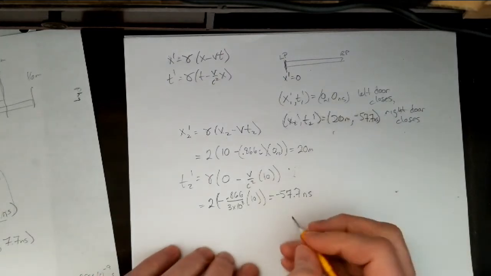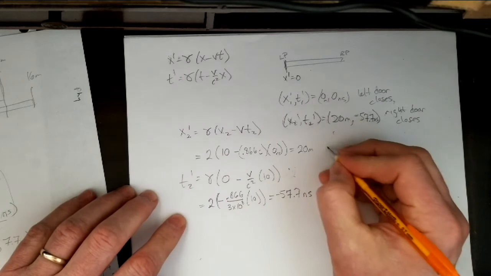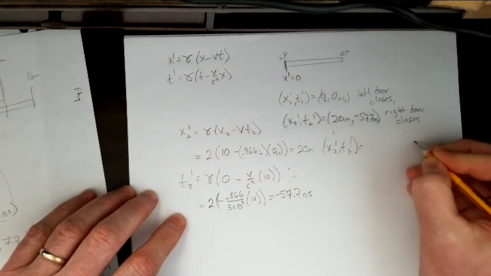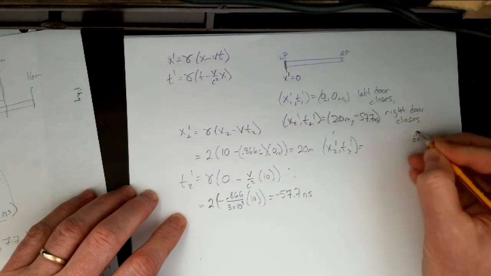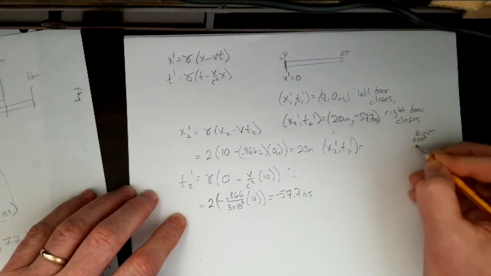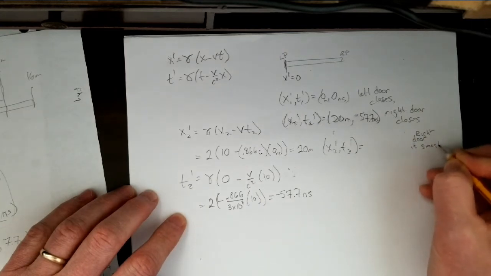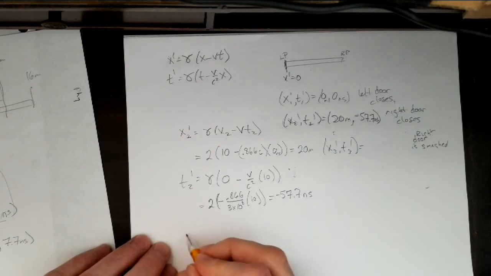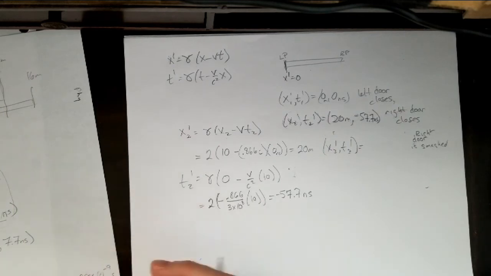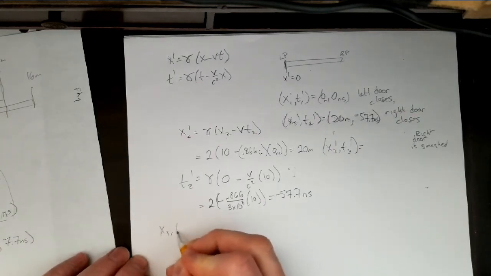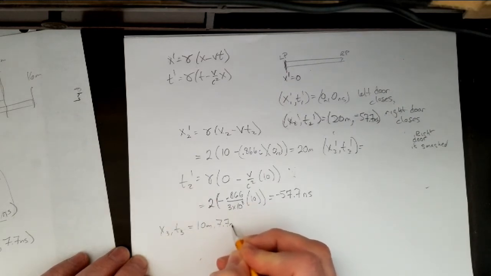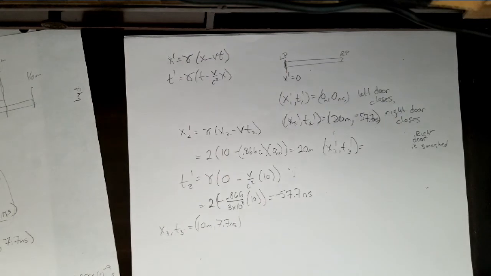And then it smashes, so now we're into x3 prime, t3 prime. This is when the right door is smashed, or hit, by the pole. I know that x3, t3 is equal to 10 meters and 7.7 nanoseconds. That's what we did before.